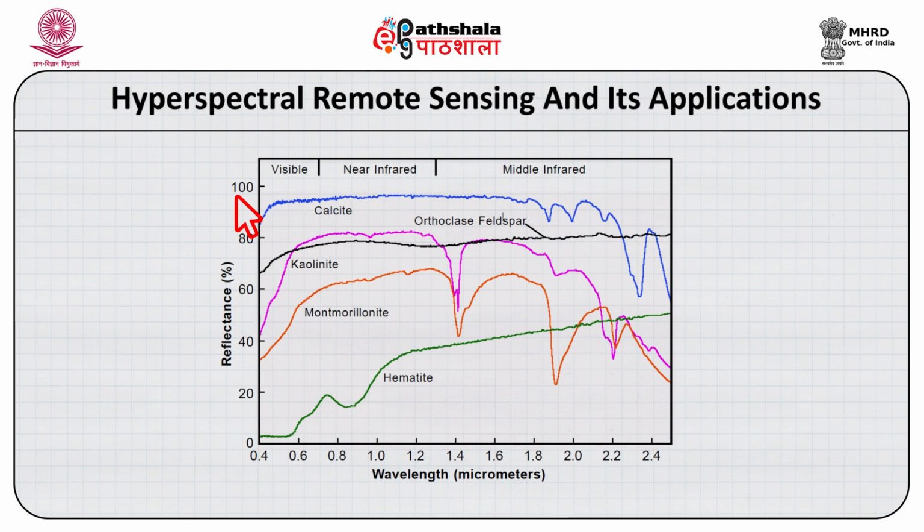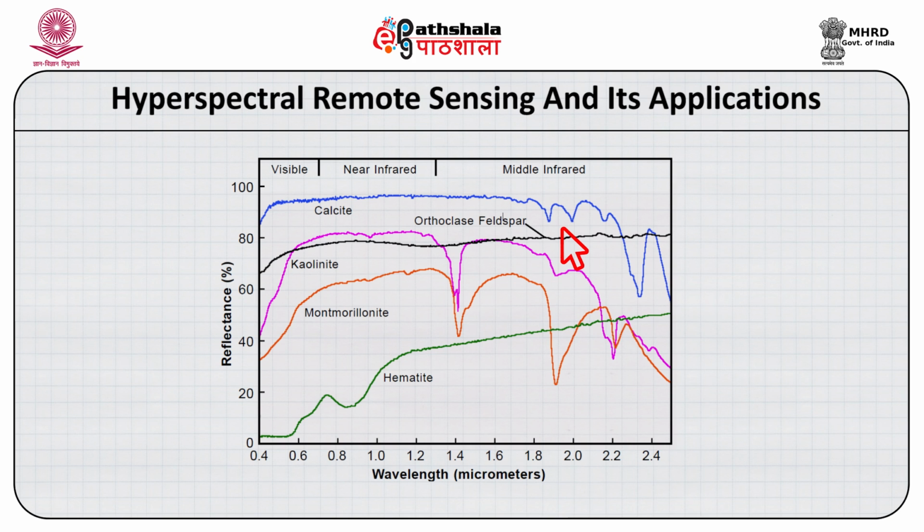You see different peaks, ups and downs. Hematite and kyanite can be separated easily. But separating feldspar from calcite cannot be done using the visible region and other regions. Once you slice it finely, finer separability can be mapped and detected in the reflectance curve we see in figure 6, especially the right portion.